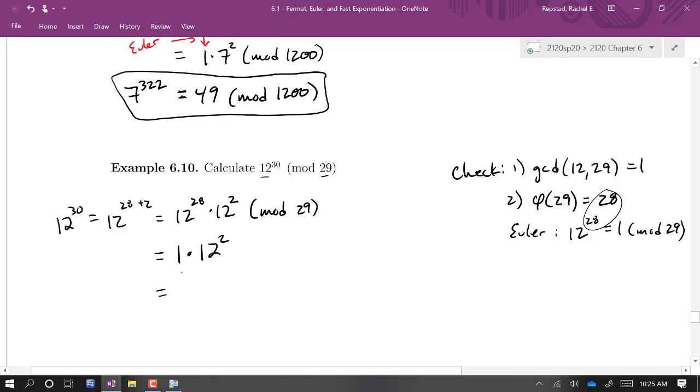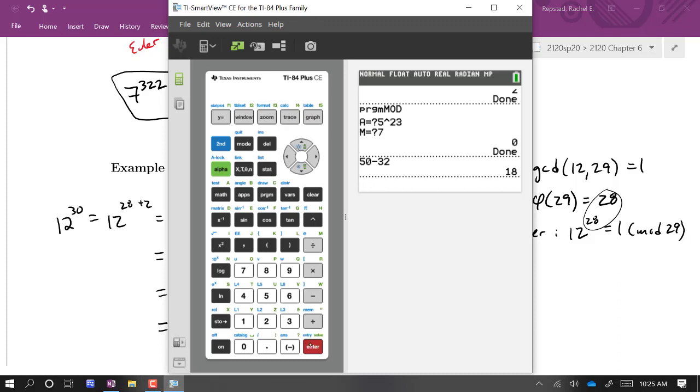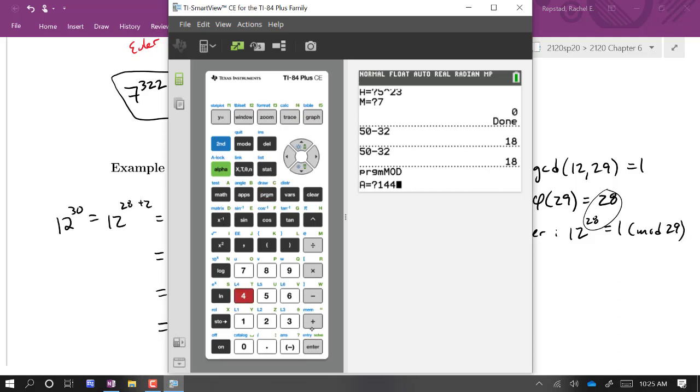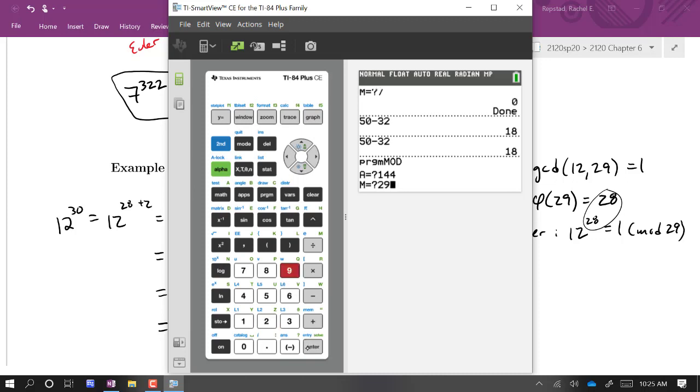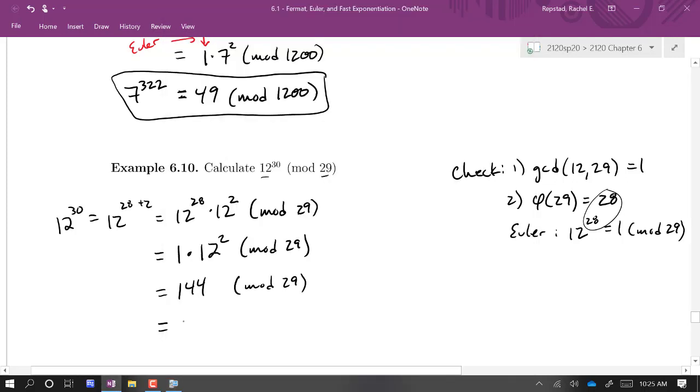And 12 squared is 144. And 144 mod 29 is 28.